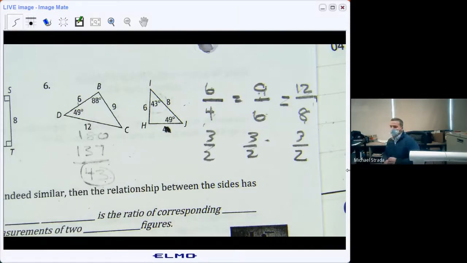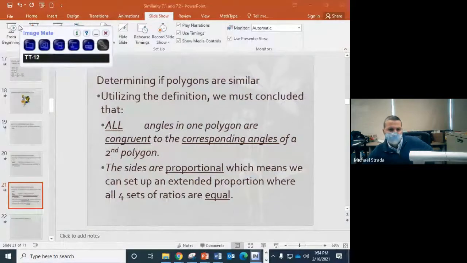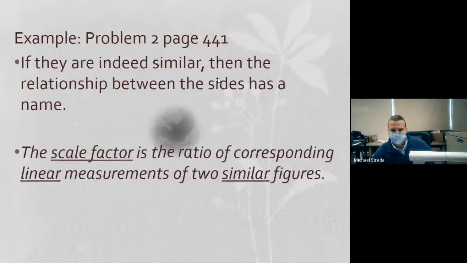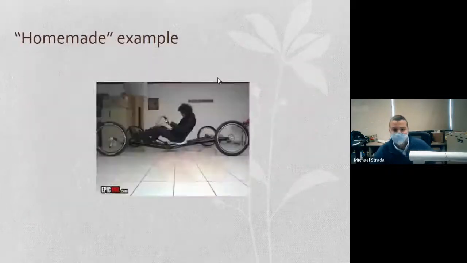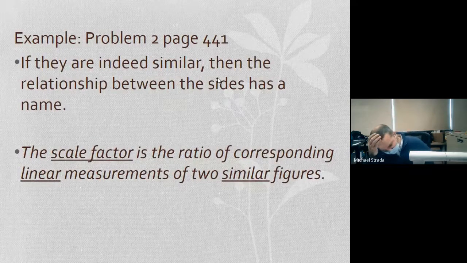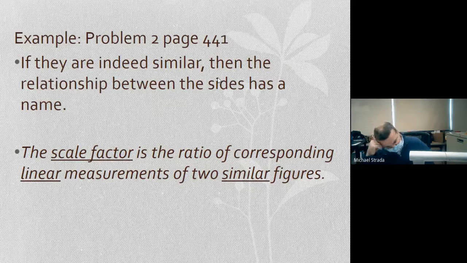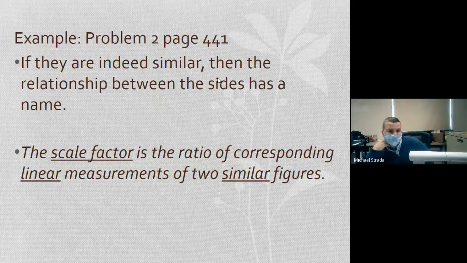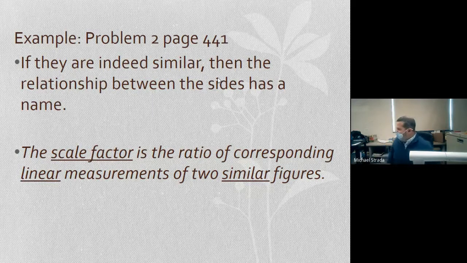All right. So then let us take a look at the next set of notes. If they are indeed similar, then the relationship between the sides has a name. The scale factor is the ratio of corresponding linear measurements of two similar figures, which you have most likely done with maps.